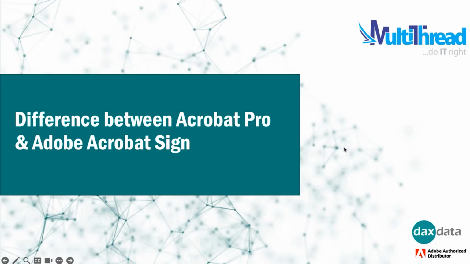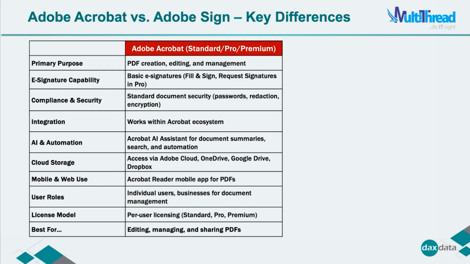Okay, so let's have a look at the differences between the two main products. All right, the primary purpose for Acrobat is to create, edit, and manage your documents. Yes, it does have signature capability, but it's really, really basic. All right, it complies with security, so you can do passwords and redactions. You can integrate it.